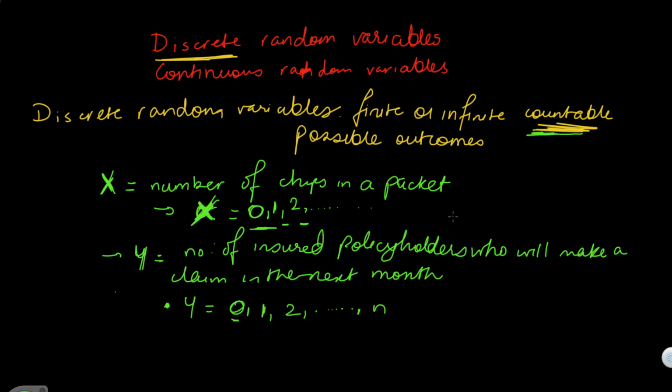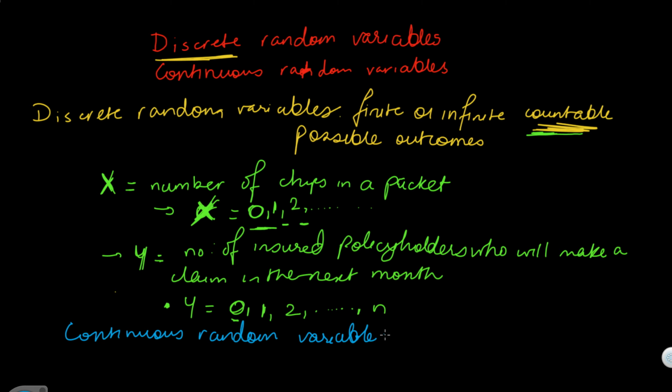Now this is different from a continuous random variable. So let's talk about that now. A continuous random variable is basically a variable that has outcomes which are uncountable.